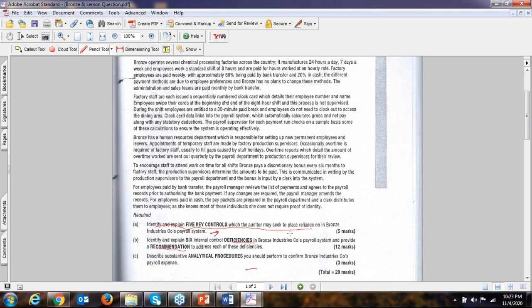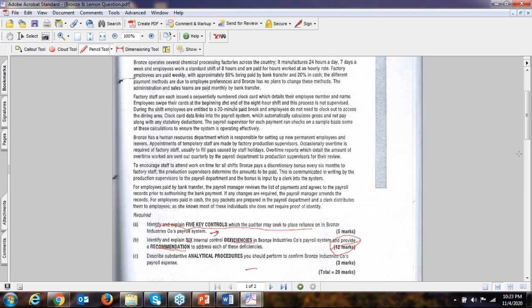The question is for 12 marks: 6 marks for deficiencies and 6 marks for recommendations. So you need to mention one deficiency for 1 mark and one recommendation for 1 mark. You also need to mention why it is a deficiency, which the majority of students fail to do.